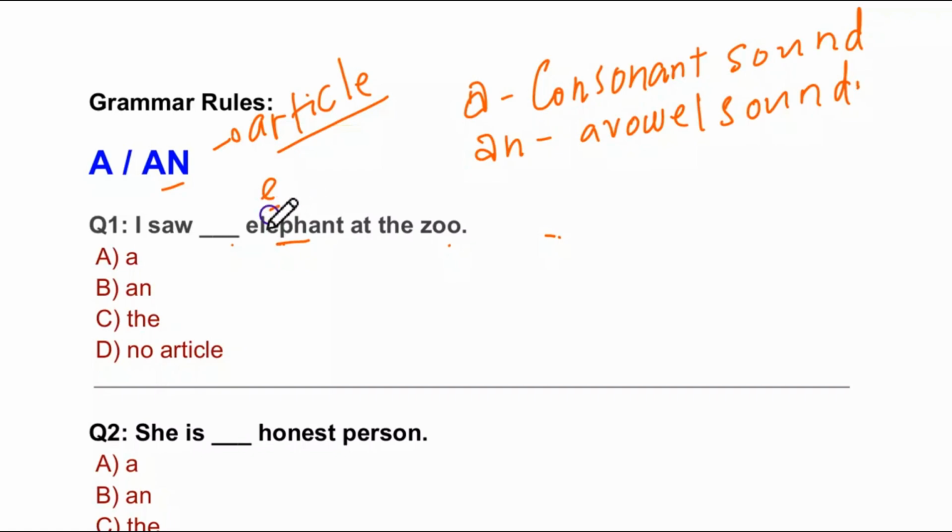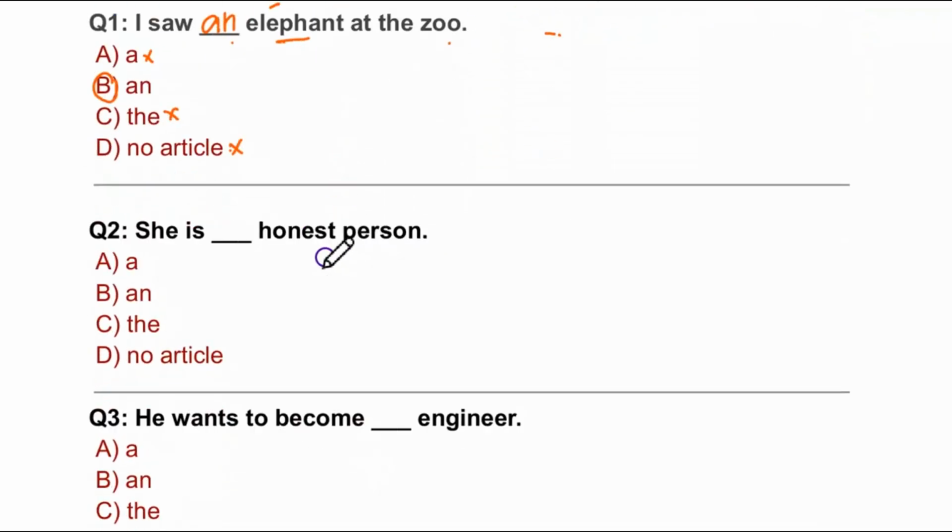It's E, so it's a vowel sound. So the correct answer is not A, not the, not no article. The correct answer is an. I saw an elephant at the zoo.